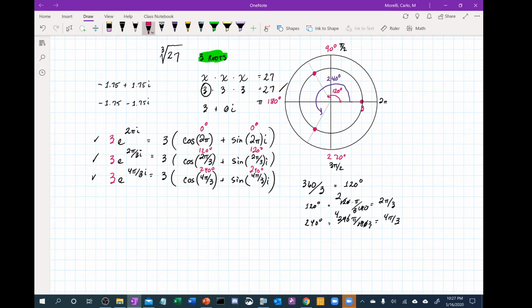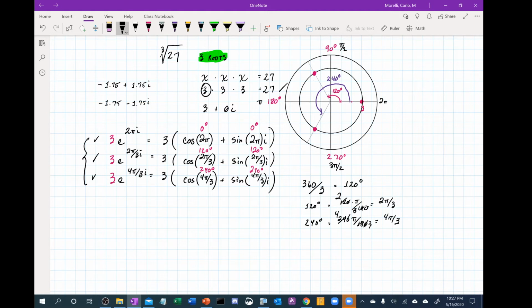So anyway, then we can distribute the 3 to each term, and we do that for all 3 of them. And so I guess we can write out the exponential notation here, and then we've got the complex form here.